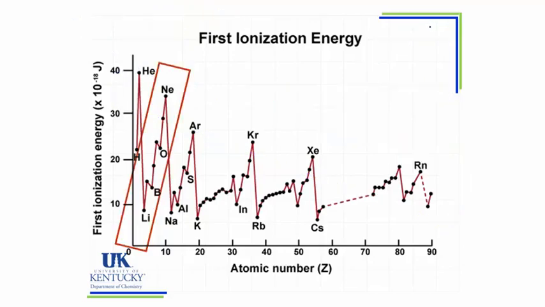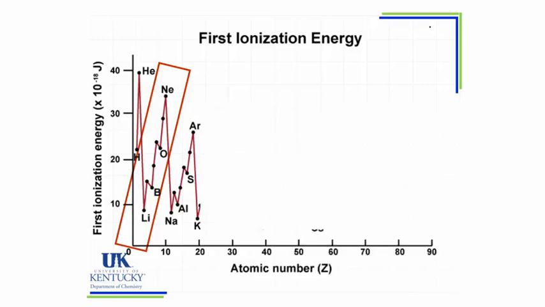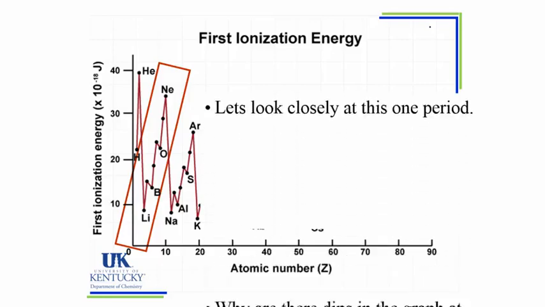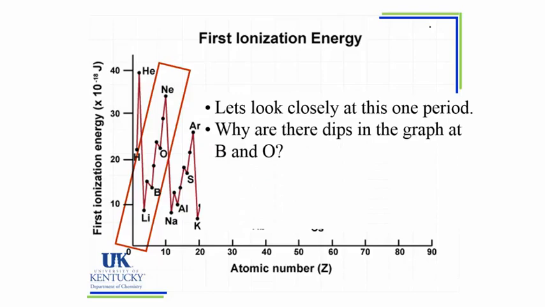Okay, let's focus a little bit more closely on this area here, and let's see the drop that we see at boron and at oxygen. If we look really closely at this period, the question I have is, why are there dips at boron and oxygen? We did not see those dips in terms of the effective nuclear charge.